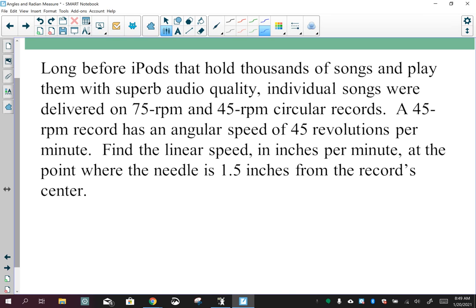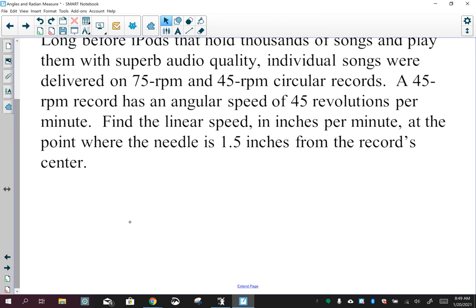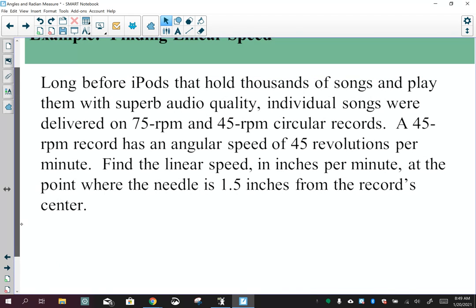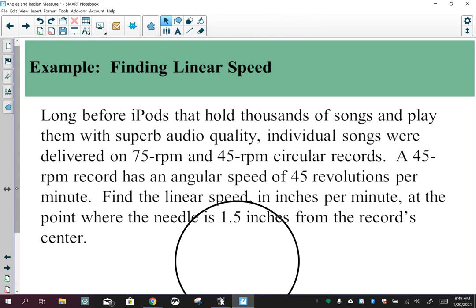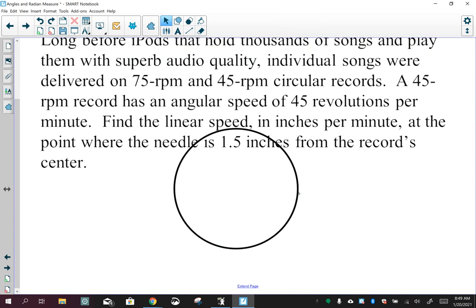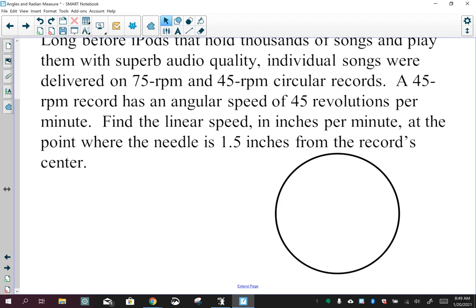Find the linear speed in inches per minute at the point where the needle is 1.5 inches from the record center. So I need to draw a circle here.